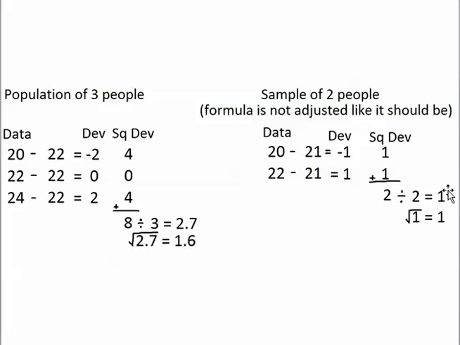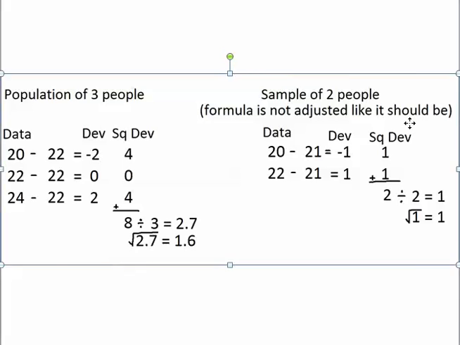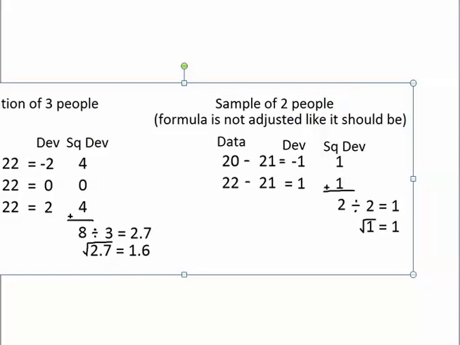I got the variance and standard deviation of the sample, but notice how I didn't adjust this number like I should have right here. Since there's 2 numbers in this column, I should have dropped the 2 down to 1. I should have divided by 1 instead of 2. And so basically I didn't use the adjustment that I should have for data from a sample.